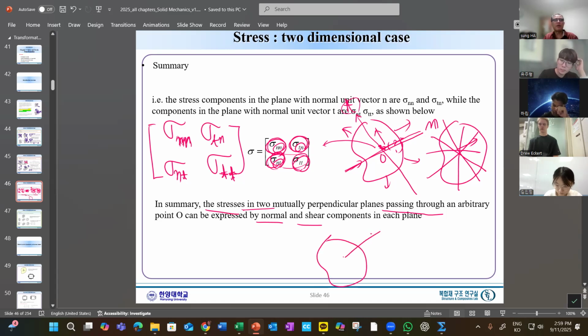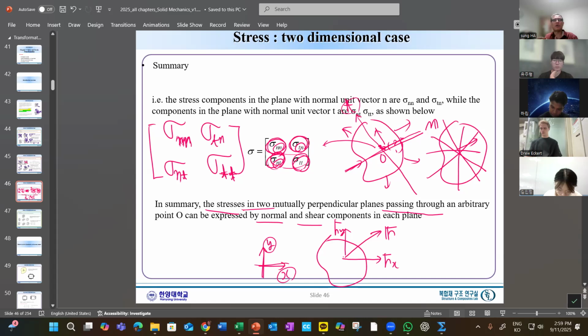Let's say we apply the force here. How do we represent this force? Without any hesitation, you say this is x and y, and then you can say this is fx and fy. Now you can understand why we have xy, they are perpendicular.